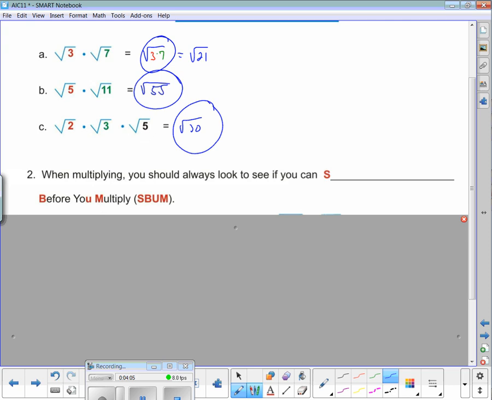The answer is no. And therefore, students forget all about simplifying. And you can't do that. You always have to be looking to simplify. Always, always, always. And in reality, it's a whole lot easier if you simplify before you multiply.